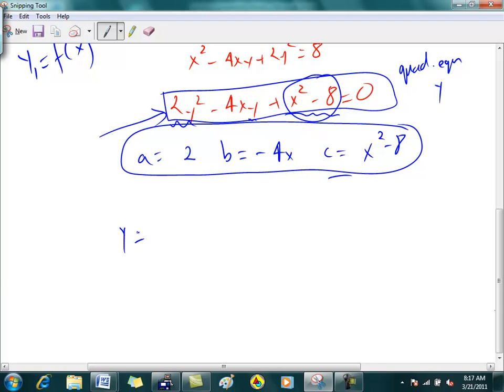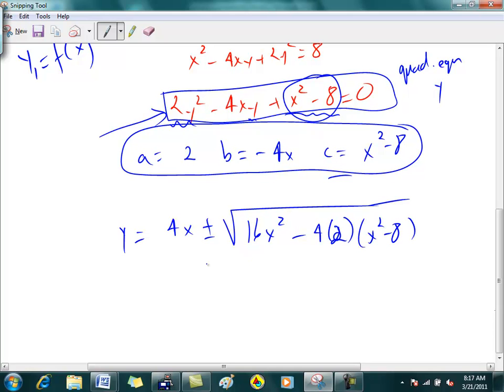So then I get y is equal to negative b, so it'd be 4x plus or minus the square root of b squared, 16x squared, minus 4 times a, which is 2, times c, which is x squared minus 8, all over 2a. And you don't need to simplify this, because your graphing calculator is going to do all the work for you.